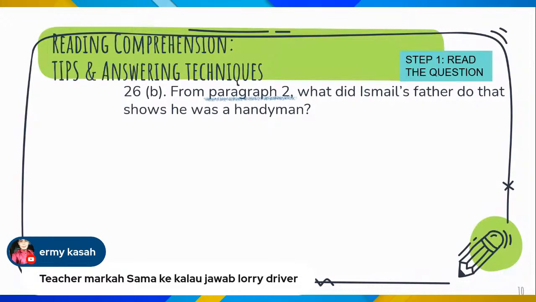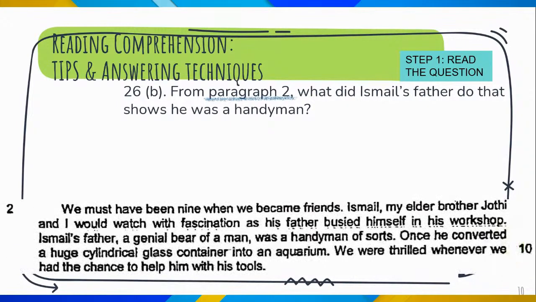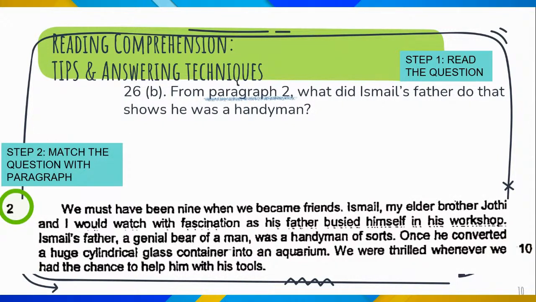Right, so from paragraph 2, as you can see there, there's paragraph 2. Match the question with the paragraph, and then you go straight to the WH question. In this case, again, it's what.